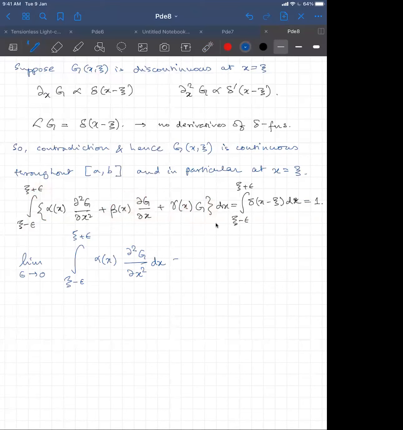Remember that alpha has been assumed to be continuous, so this is just alpha of psi.